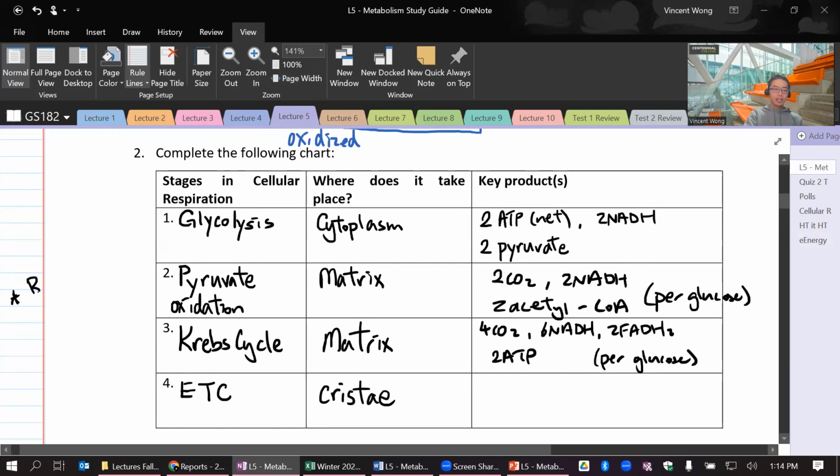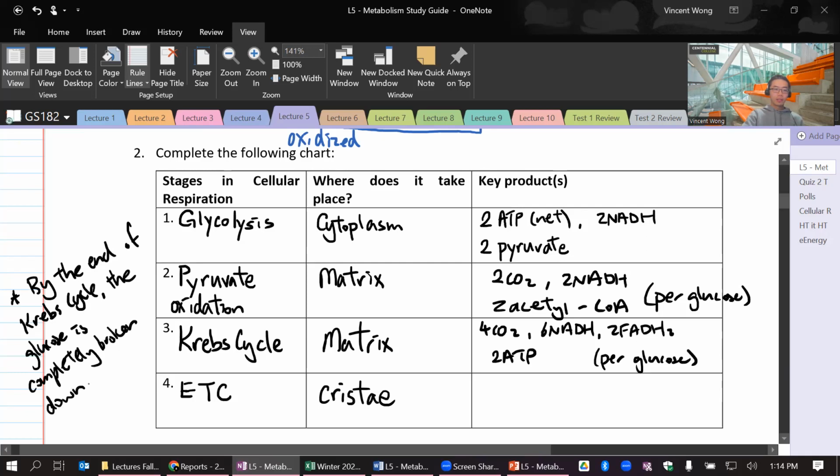So you can see by the end of the Krebs cycle, the glucose is completely broken down into CO2, right?